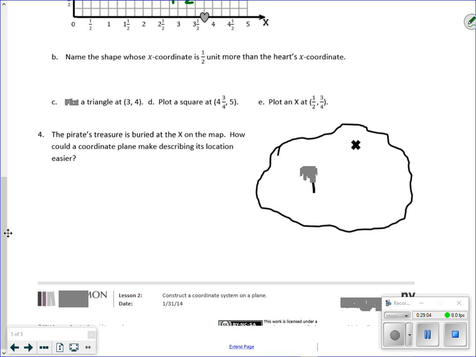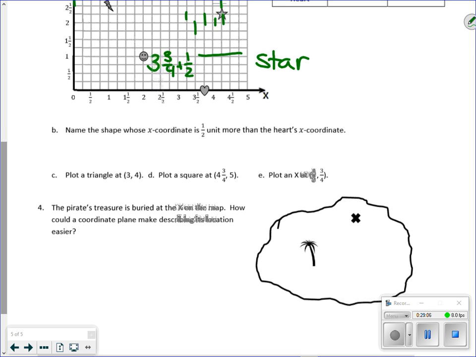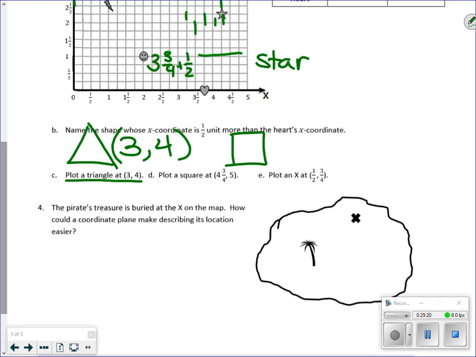All right. So I want you to do this. Plot a triangle at 3, 4. Can y'all see this? Plot a triangle at 3, 4. Plot a square at 4 and 3/4 and 5.